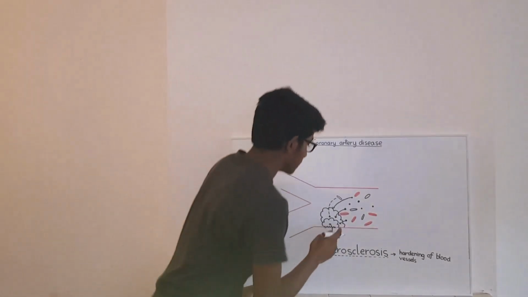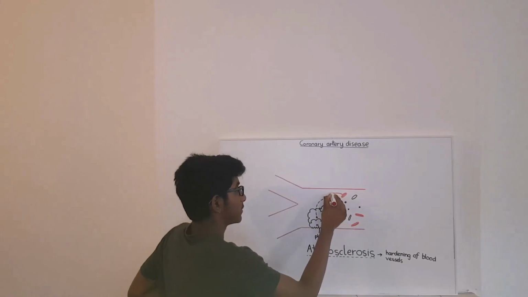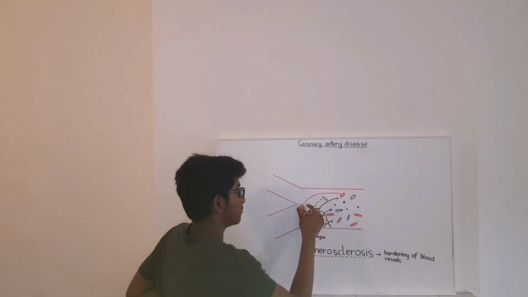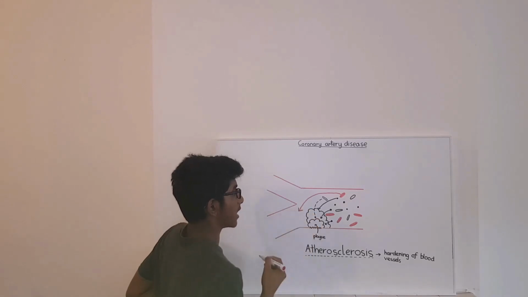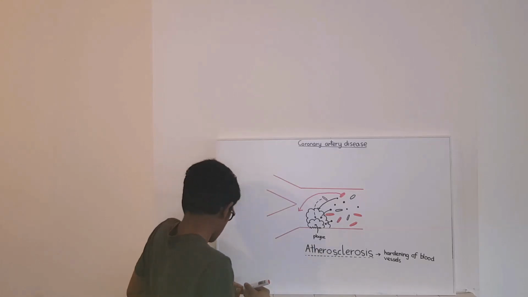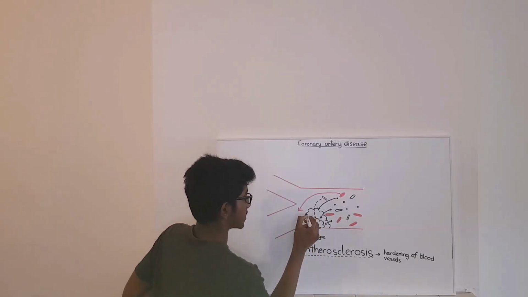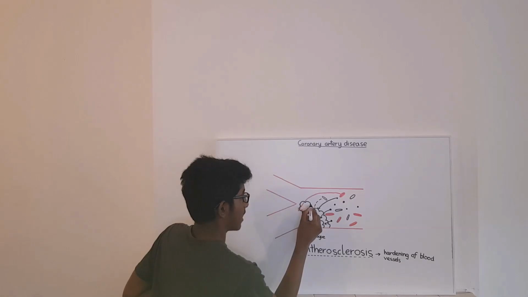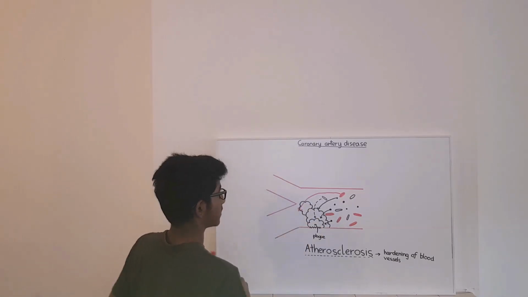If there's a plaque in the middle, it will be difficult for the red blood cells and all the other components of the blood to get through. For now, it would be pretty okay. But over time, this plaque will get really big, and this vessel will be completely cut off.